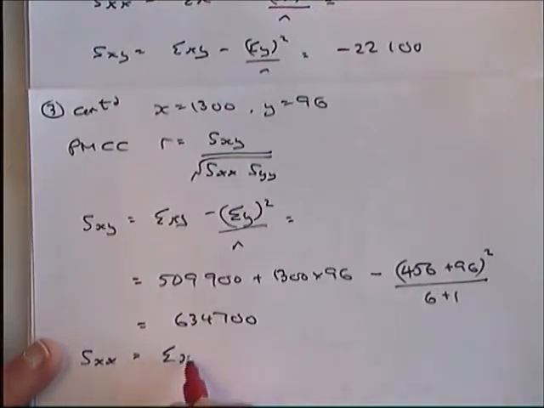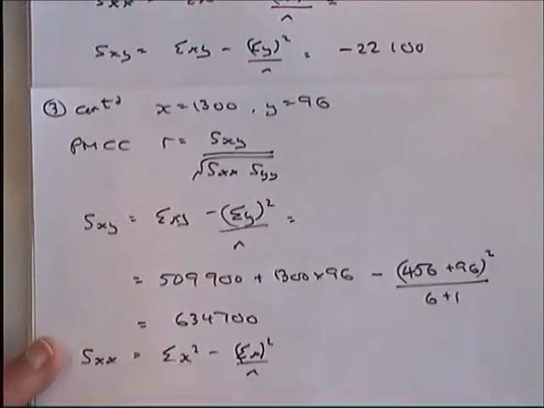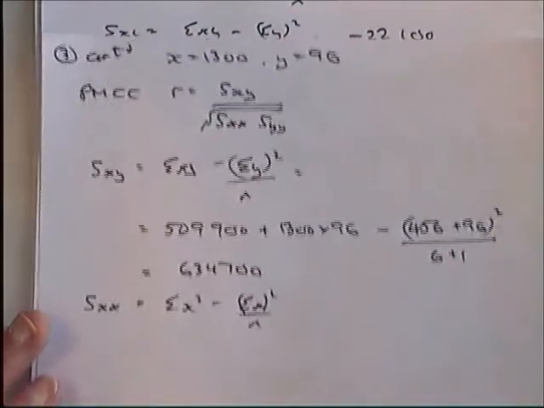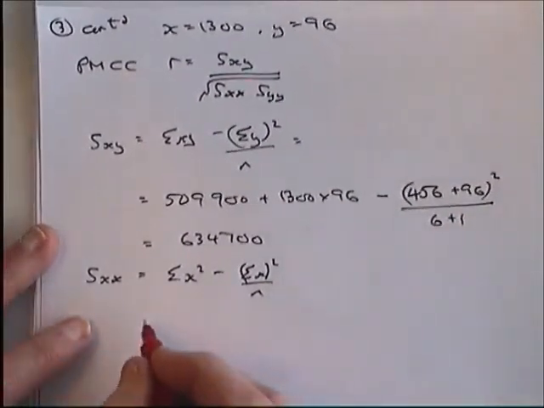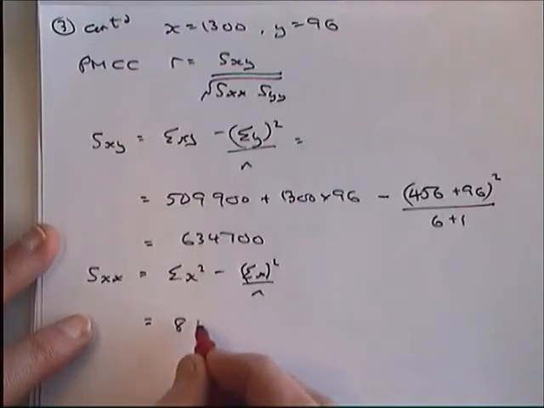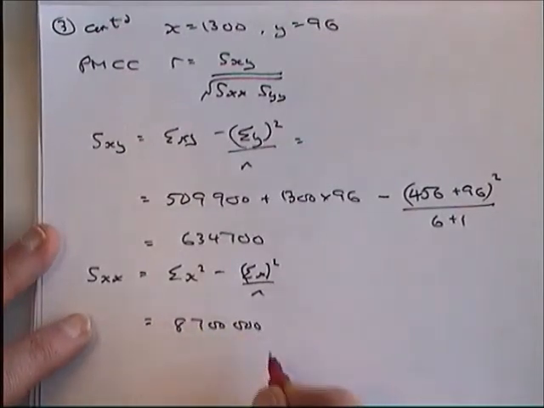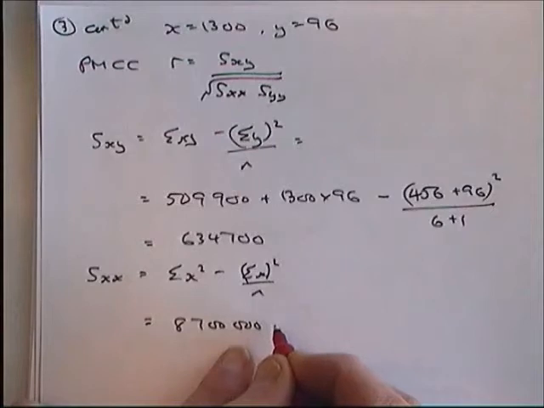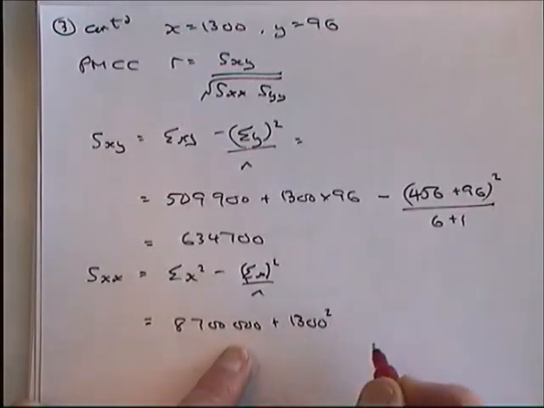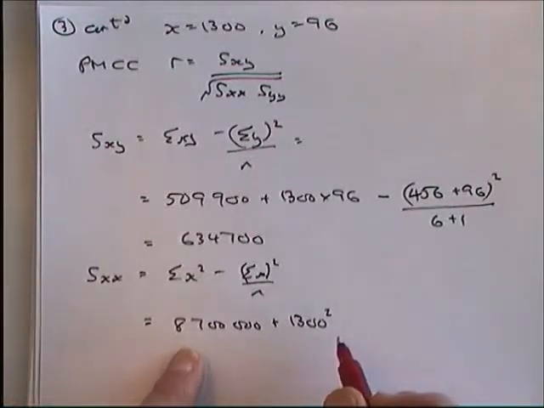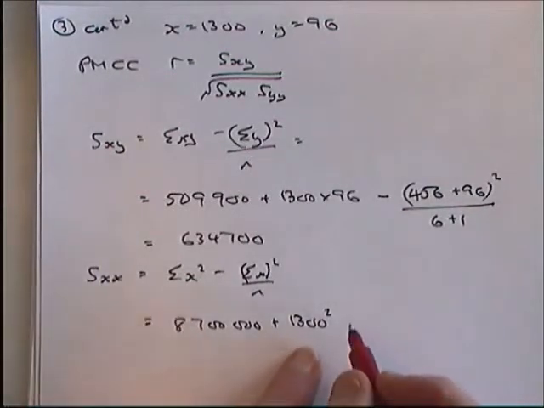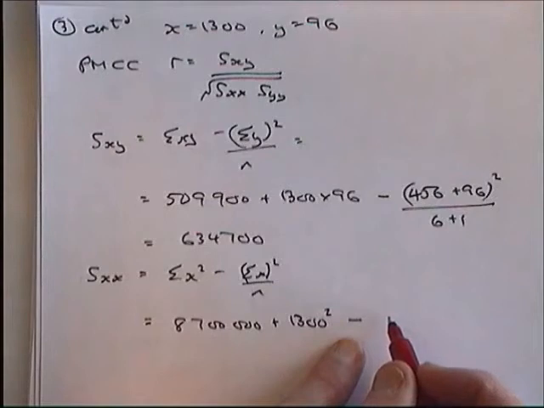And now you need to do similar things for your other values. SXX, which is sigma x squared minus sigma x all squared over n. We had previously for sigma x squared a value of 8,700,000. Well, now we need to add into that our new x value squared. So that is our new value for sigma x squared. Then over here we need to take off sigma x.